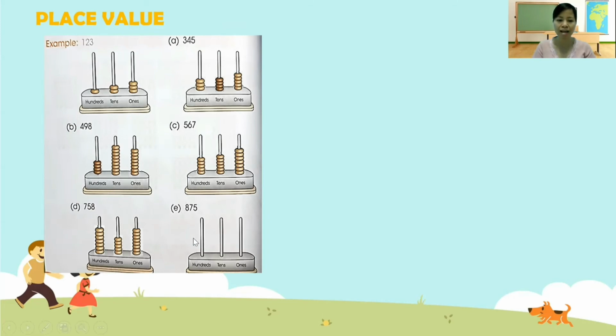Next, for letter E, we have 875. 8 has the value of 800. So we are going to put 8 beads on the hundreds. Great. Then we have 7, which has a value of 70.